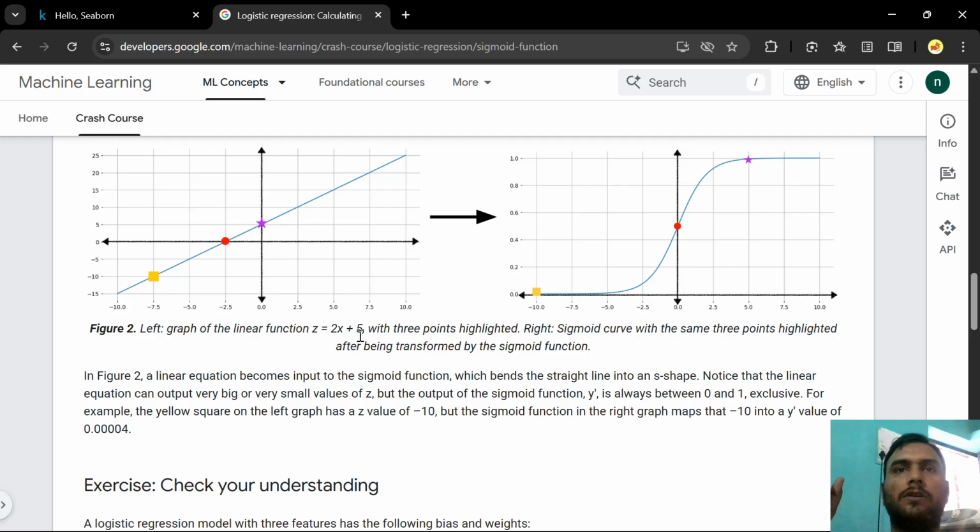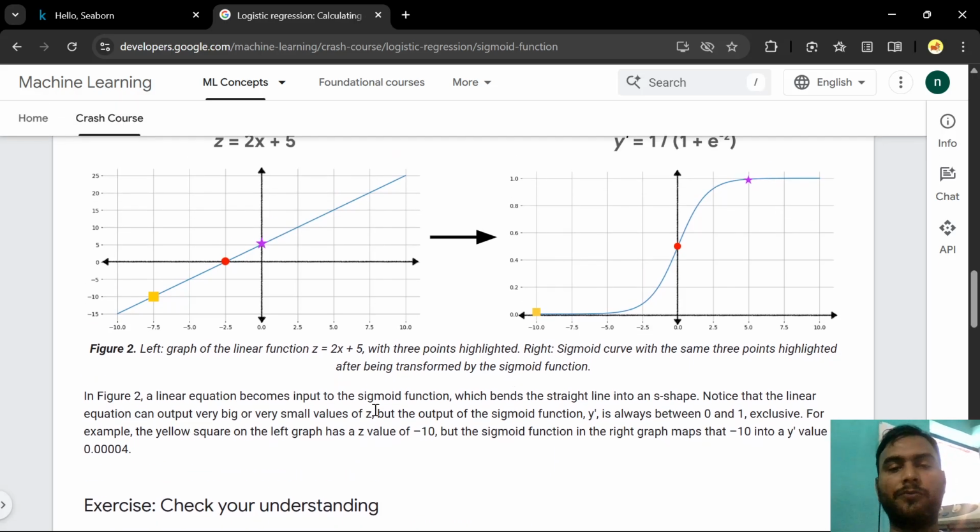For example, whether an email is spam or not. In the hidden layers, before the output layer, there are multiple layers in a neural network, so various activation functions are used. But in the output layer, this activation function is used. It is one of the activation functions; there are multiple other activation functions.